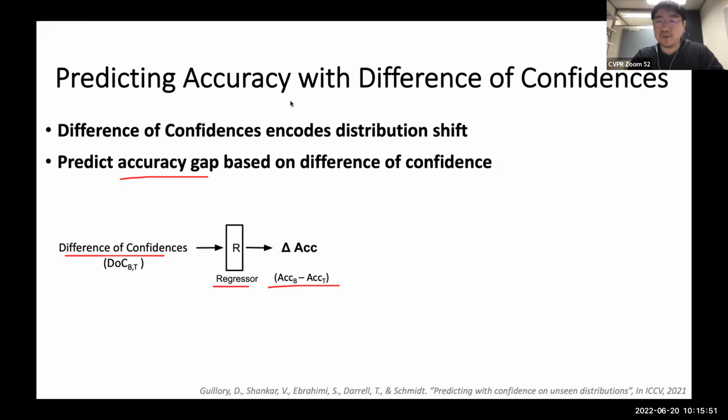If you use, for example, calibration methods or uncertainty-based methods, they can give you confidence levels for each individual sample. So this is the advantage. The disadvantage is that if you add up these individual samples, they usually do not equal the overall accuracy.